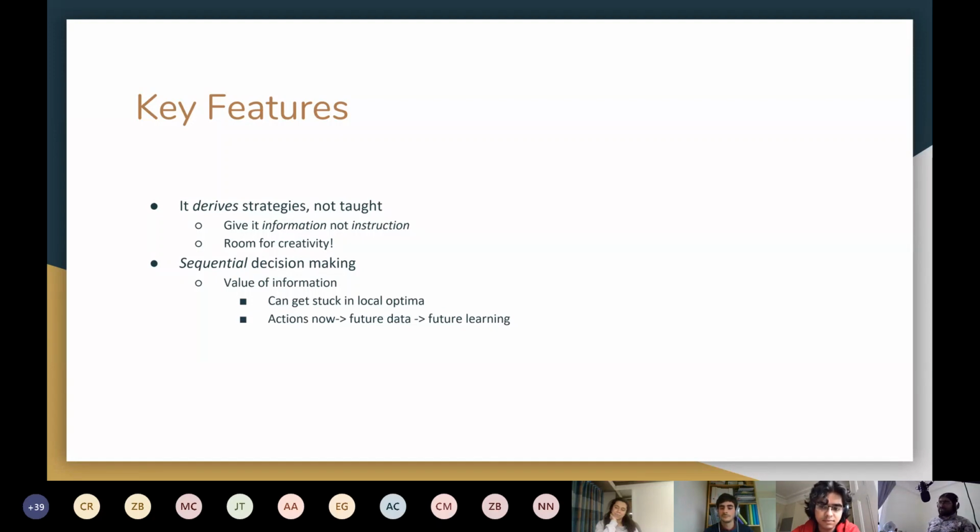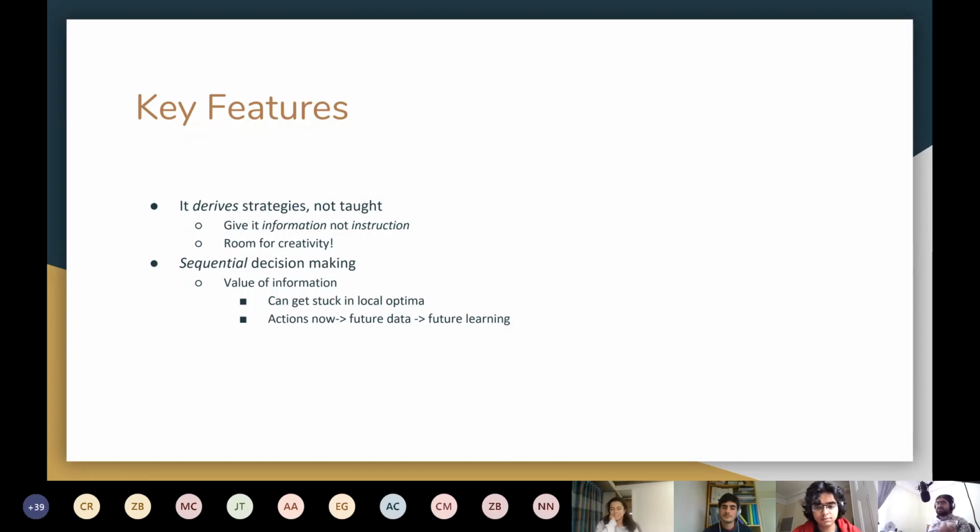There's some cost, but maybe that route is actually way better than its normal route. If the car decides to take that weird route, there's a cost in the short term, but if it's a better route, every future time it can take that shortcut. So you need programs that can reason about this and understand how valuable information can be.